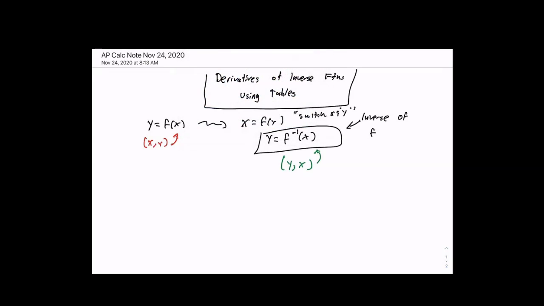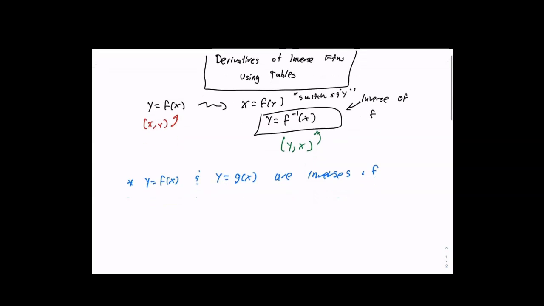More importantly, there's a definition here that says y equals f of x and y equals g of x are inverses if the following is true.